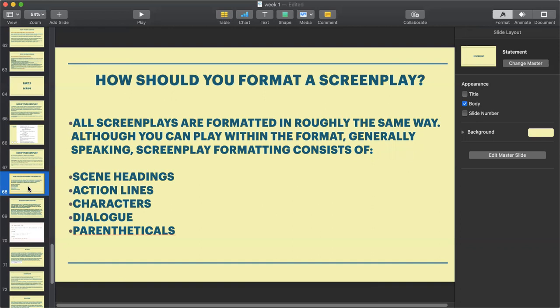So even though there are some small changes from country to country or from scriptwriter to scriptwriter, overall there are certain things which should remain in any and every kind of script. Okay, so basically the script will contain 5 things: scene headings, action lines, characters, dialogue, and parentheticals.